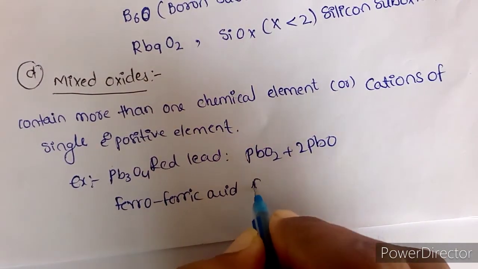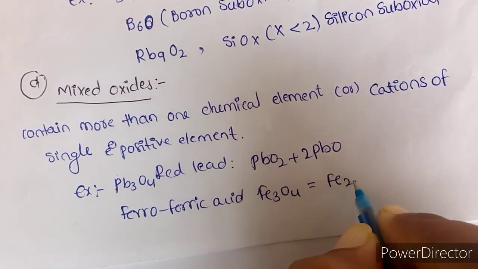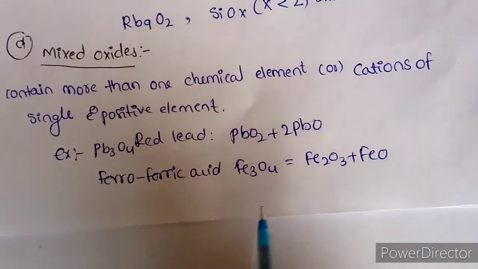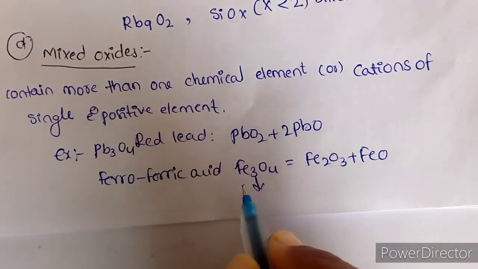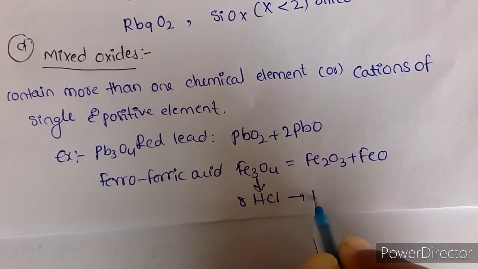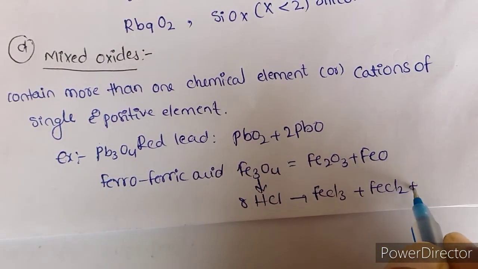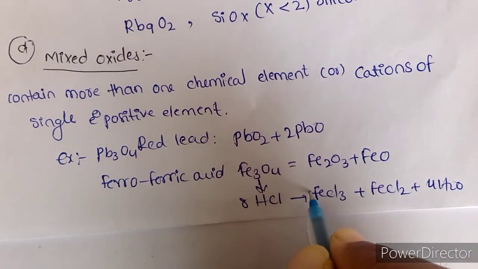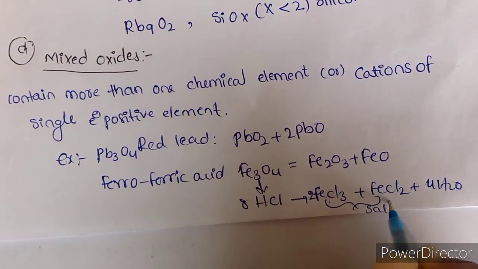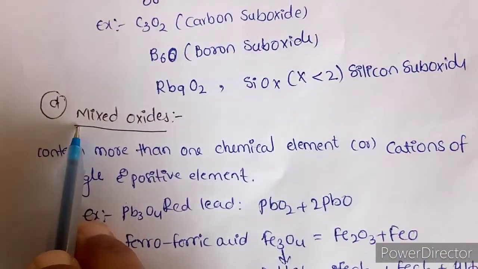Next mixed oxide, ferroferric oxide, formula Fe3O4, and it gives Fe2O3 plus FeO. These two oxides it gives. If this mixed oxide is treated with acid, it produces two types of salts, along with water. This is about the mixed oxides.